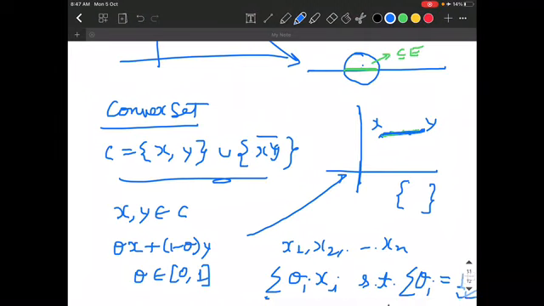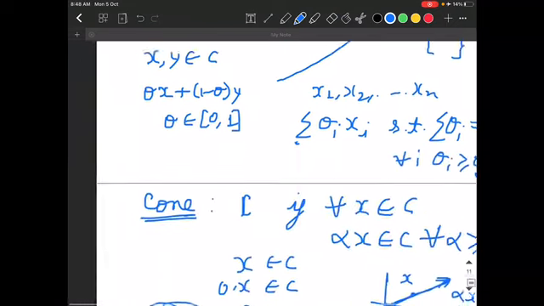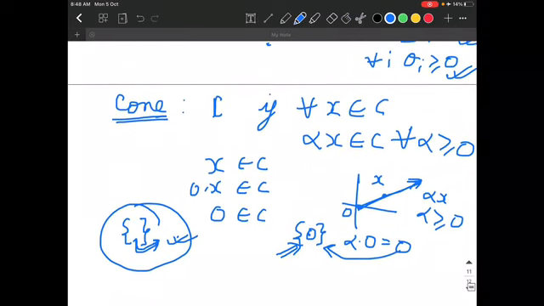So the empty set is affine, convex and a cone, and a singleton set is always affine and convex. But for a singleton set to be a cone, the only element of it should be the origin.